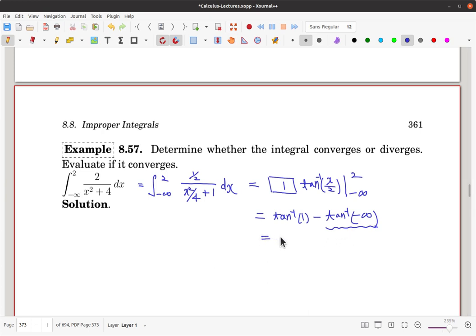So that is pi over 4 minus (minus pi over 2), which is 3 pi over 4. Okay, that's the final answer. It is convergent.